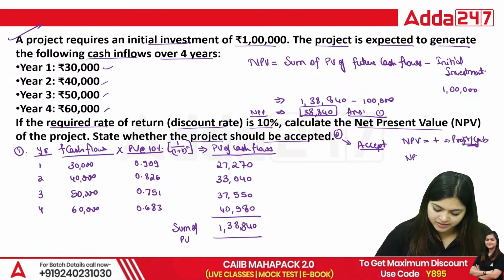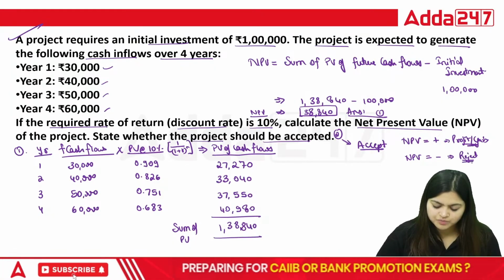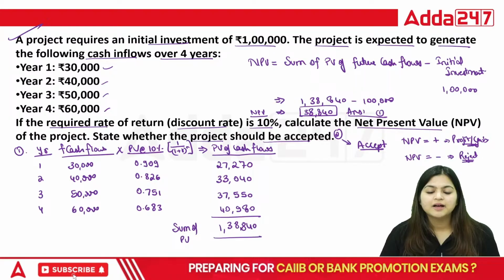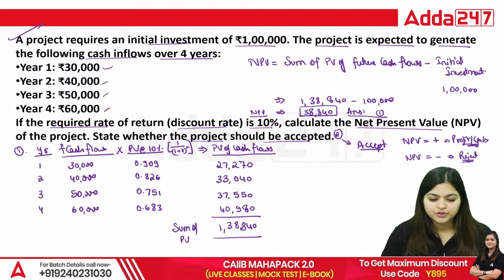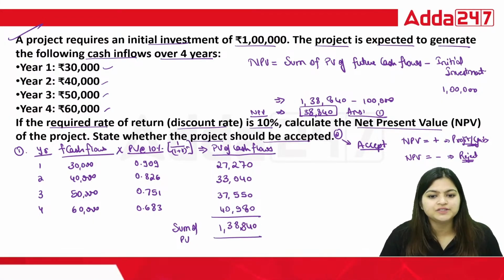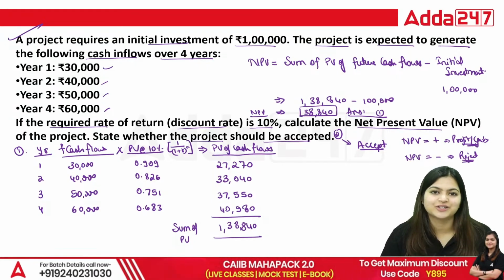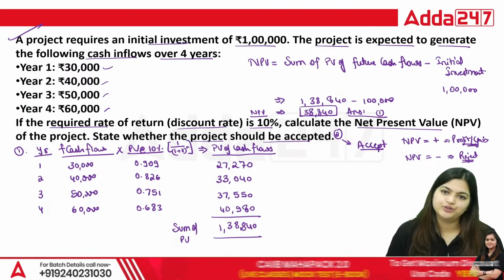If NPV is negative, you are going to reject it, because this amount is not going to increase in future. So for your second answer, your project should be accepted under this condition. Okay, so this is about your homework question.